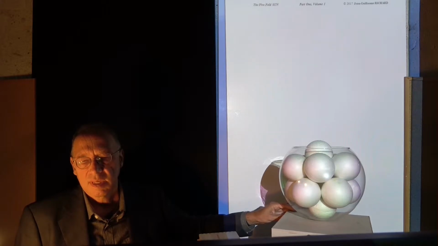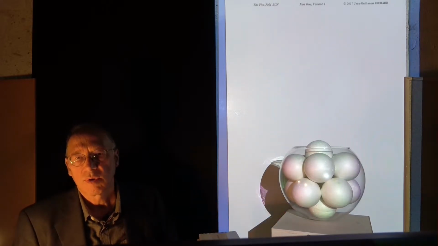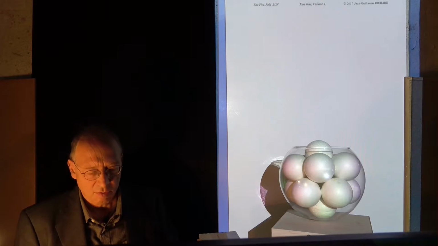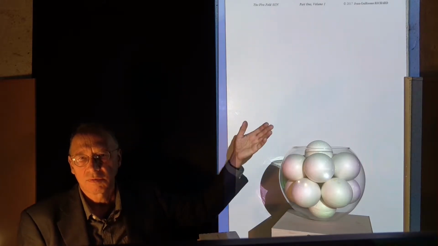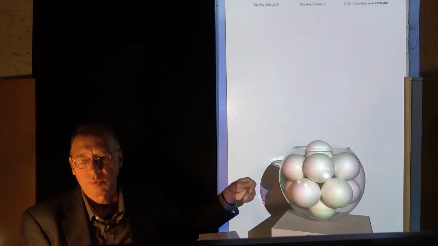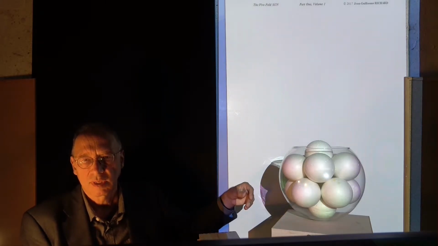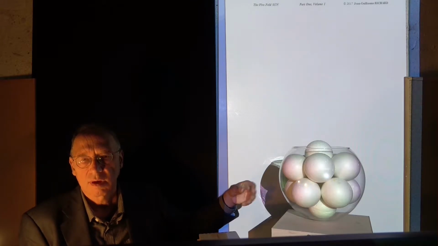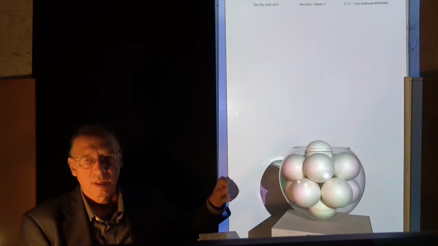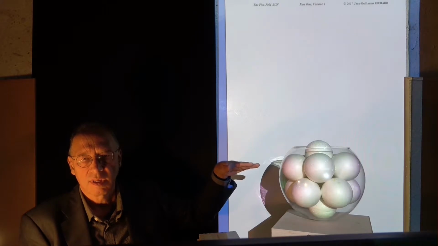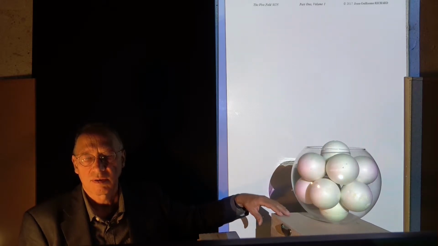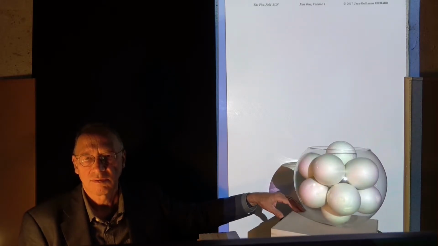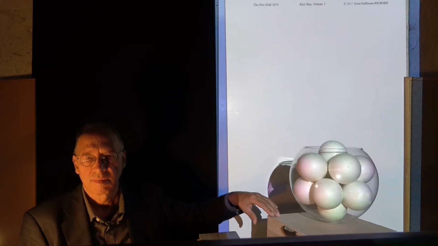There is a ball at the top, which we can call a polar ball, say a north polar ball, and a ball at the bottom, which we can call a southern polar ball. Now you see a ring here in this plane of a certain number of balls. If I turn the sphere around, you see that there are 5 of them.